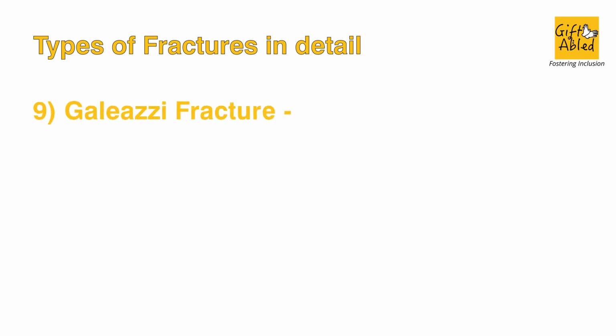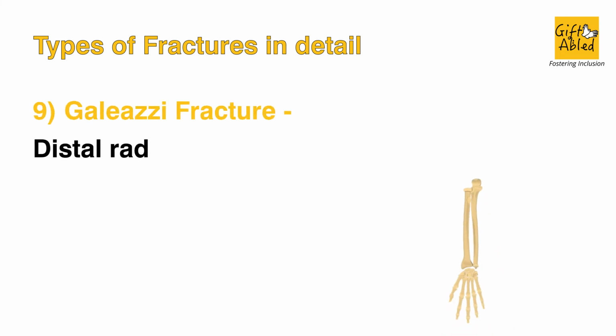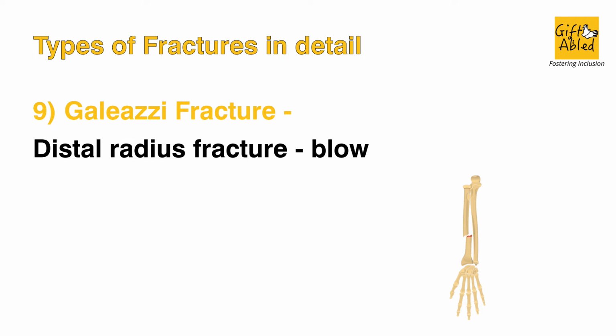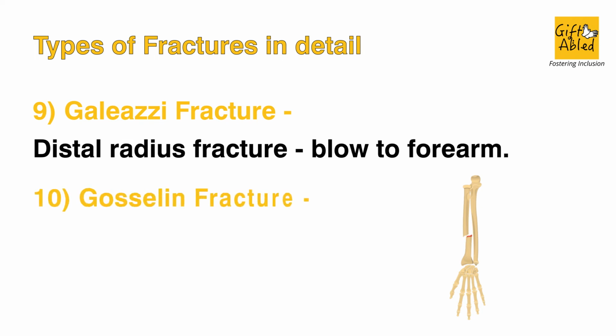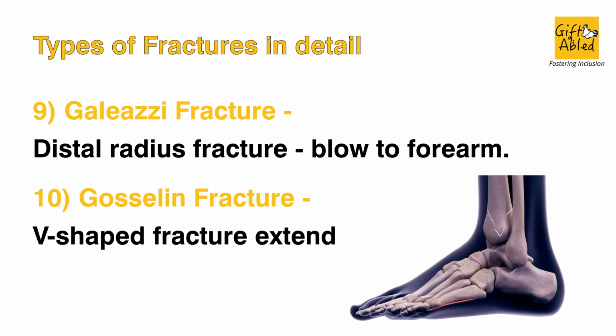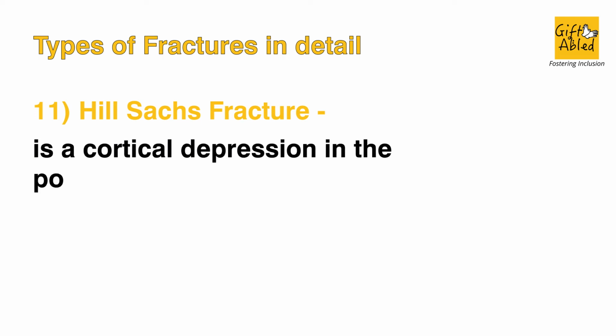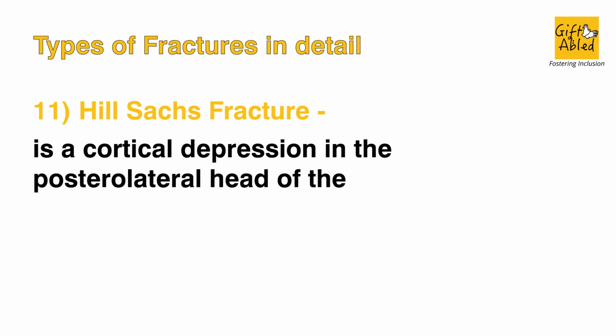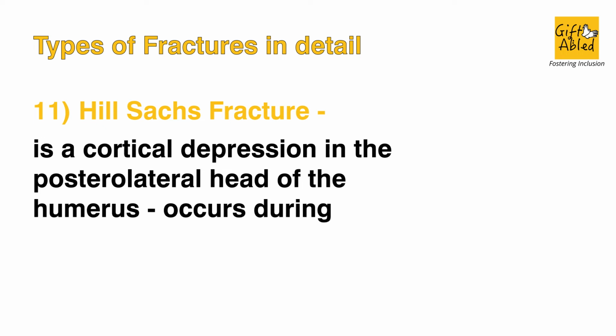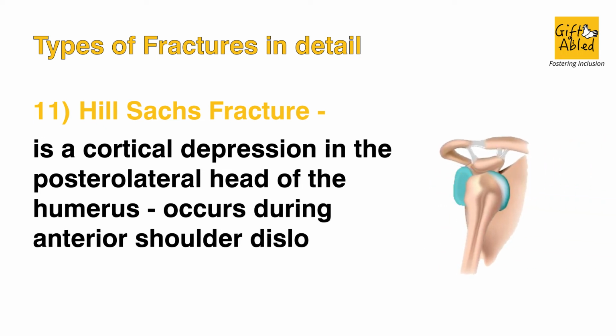Galeazzi fracture. Distal radius fracture, blow to forearm. Gosselin fracture. V-shaped fracture extending to ankle joint. Hill-Sachs fracture is a cortical depression in the posterolateral head of the humerus, occurs during anterior shoulder dislocation.